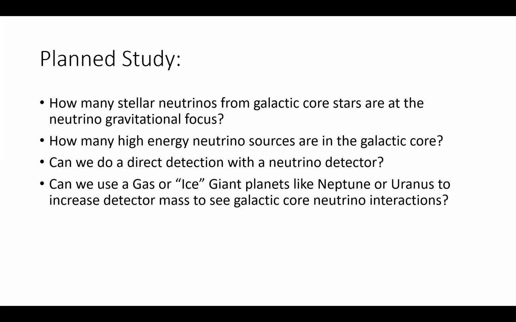When matter falls into the accretion disks, we generate neutrinos being isotropically emitted. Can we do a direct detection of the neutrinos? Another option is, can we use a gas or ice giant planet like Neptune or Uranus to increase the detector mass to see galactic core neutrino interactions?